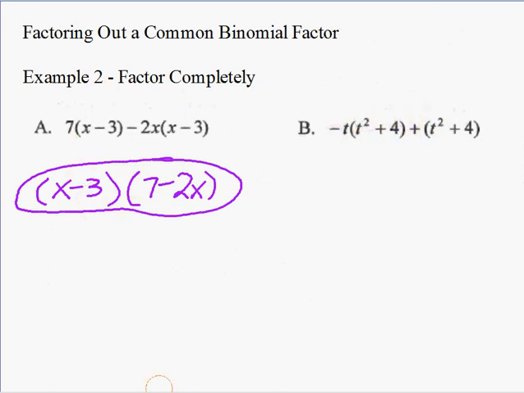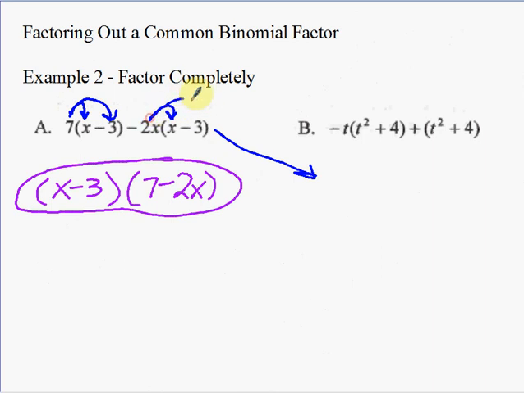Now we already had the answers, but I want to show you something here. I'm going to show you that the answer that we got for letter A is actually equivalent to what the original problem was. So let's go over here with this original problem and let's figure out what it would be worth if I distributed.